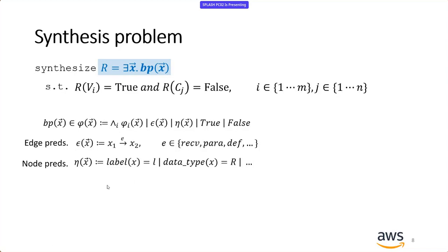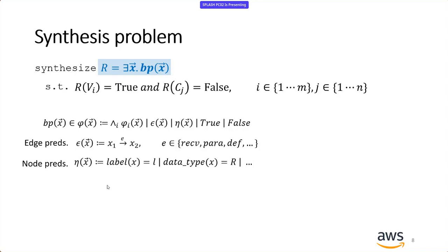Okay, so if you're familiar with property graphs, which is a model that is used in graph query languages, this is a very similar model, right? Where we are basically synthesizing a graph property, where the graphs are attributed with both edge attributes and node attributes.